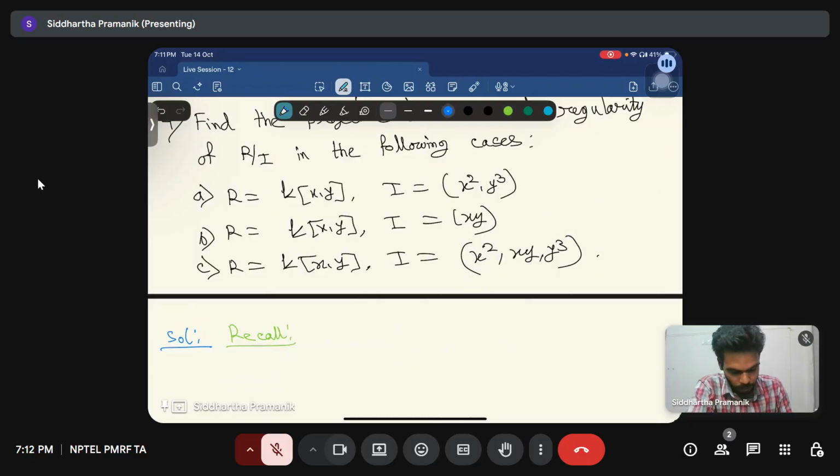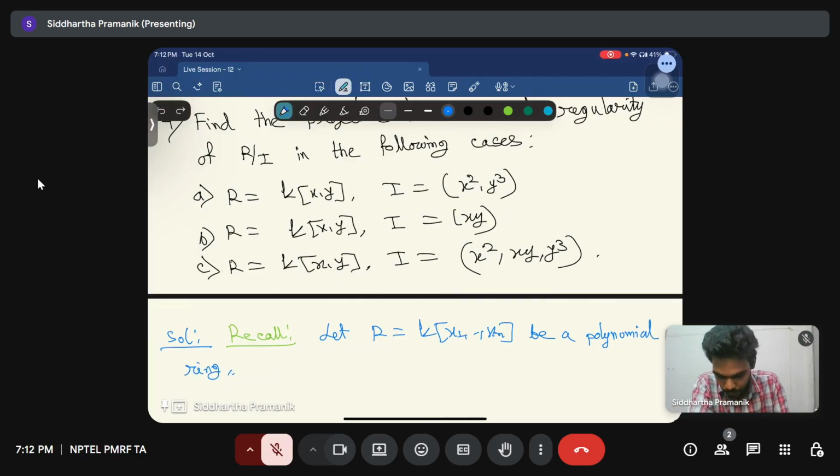So let R be the polynomial ring k[x1, ..., xn], and I be a graded or homogeneous ideal, because we will define regularity also.